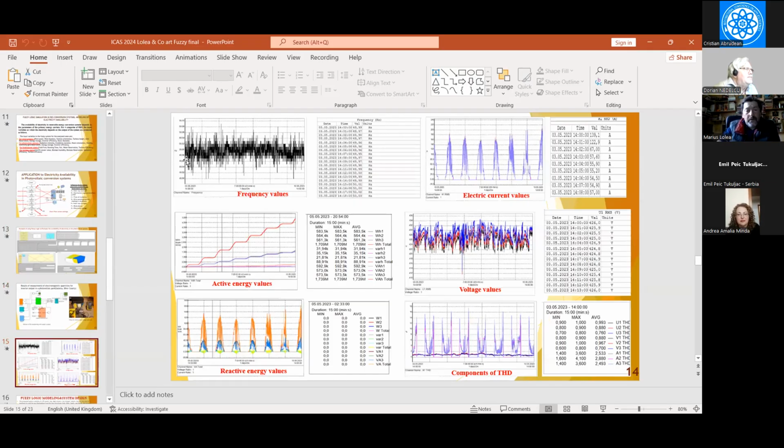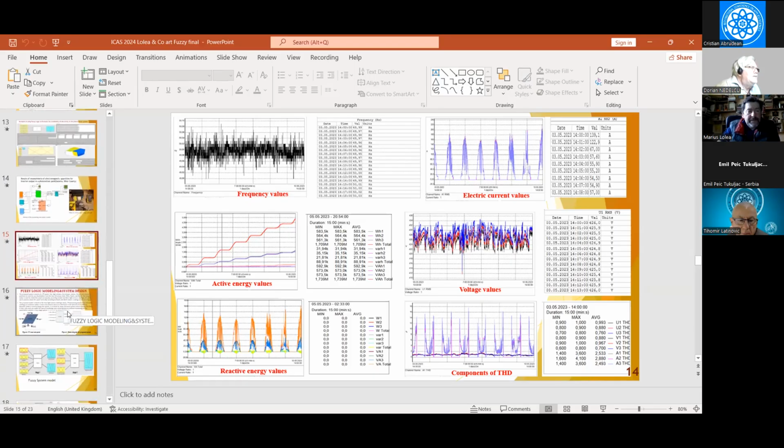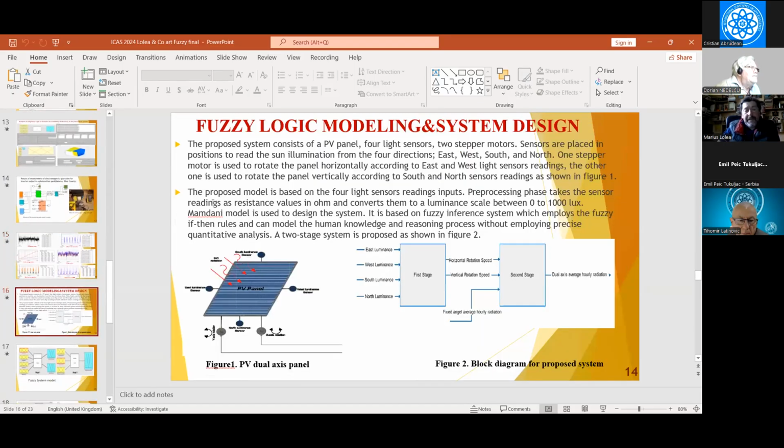The results show the average is around the average of the maximum power injected into the system. Based on fuzzy logic modeling, we propose a system which consists of photovoltaic panels with a light sensor and two steppers, which increase and decrease the position of the photovoltaic panels.